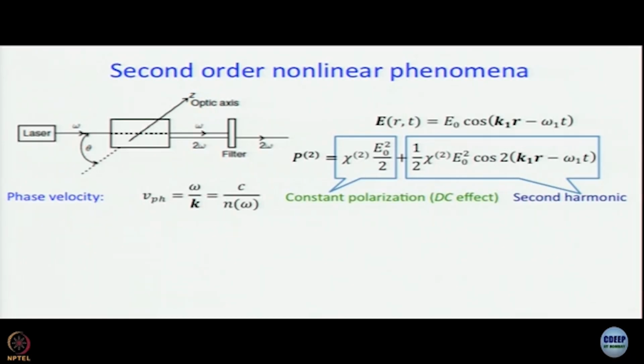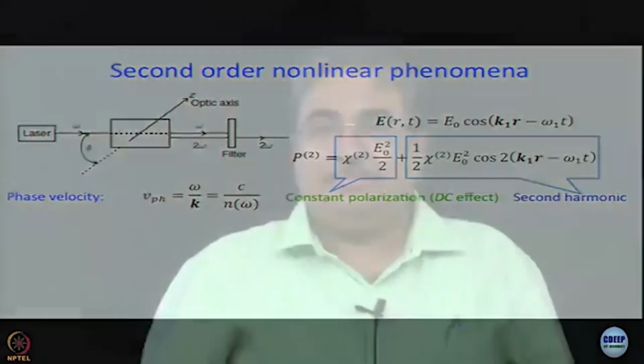What is n? Number of photons of frequency omega? No. What is n? Hint, n also goes by the symbol mu. It is refractive index. It is refractive index, nothing else.